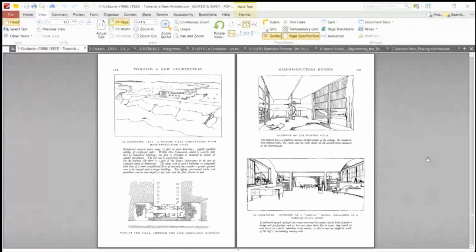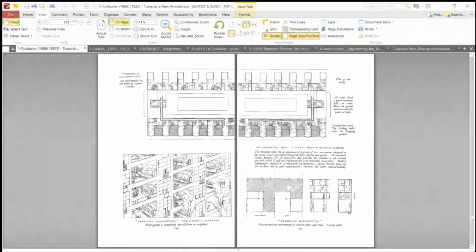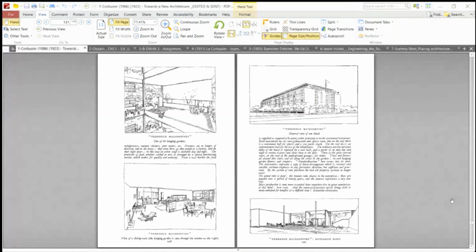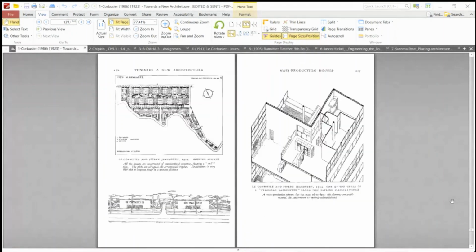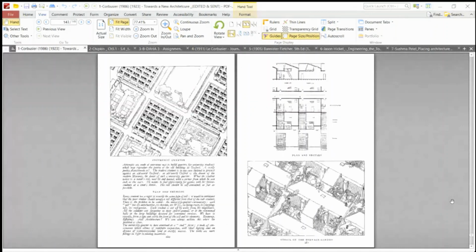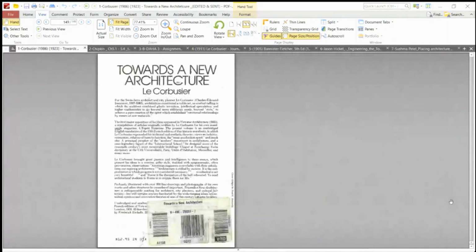This is how the house machine looks, repetitive, almost industrialized repetition. You can see it here, you can see it in the plan, in the elevations, etc. And these are his images. Okay, that's Corbusier's book, Towards a New Architecture.